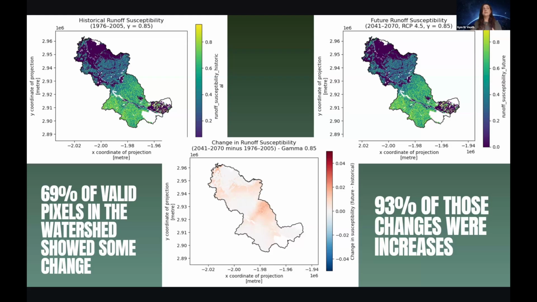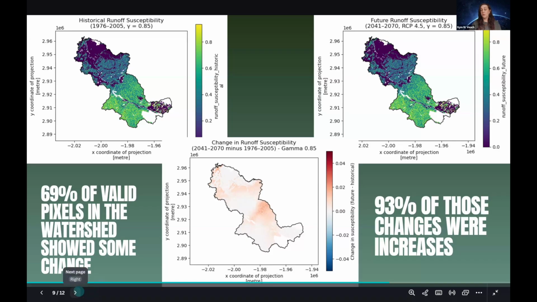Instead of shifting the susceptibility on the map and making new hotspots, we see an exacerbation and an intensification from climate change of already vulnerable areas. Also showing the need for this sort of screening tool.